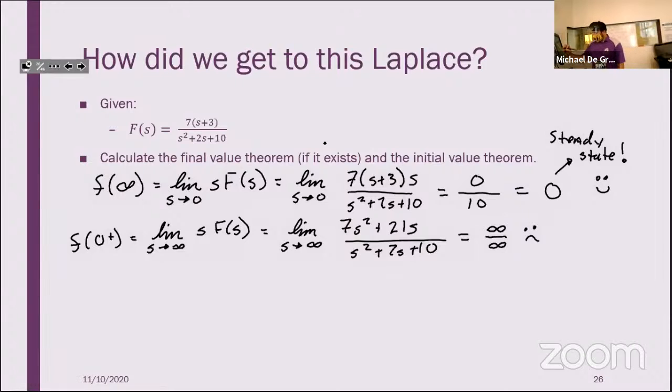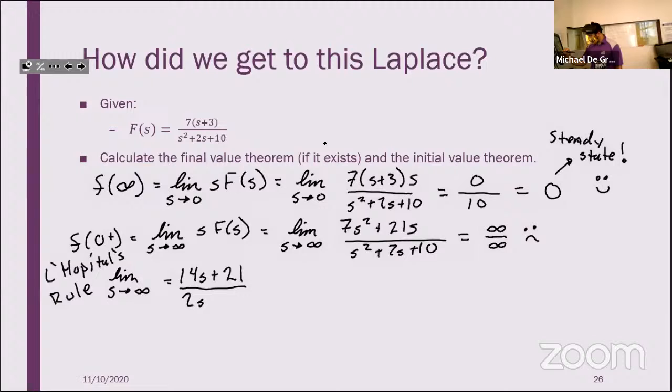Paraphrasing. All right, so if I use L'Hopital's rule, I'll take the limit as s goes to infinity. To do this, I'm going to take the derivative of the numerator, 14s plus 21, and I'll take the derivative of the denominator.